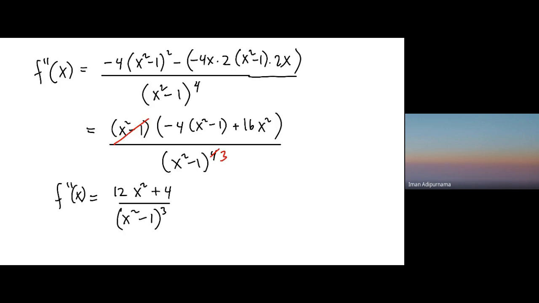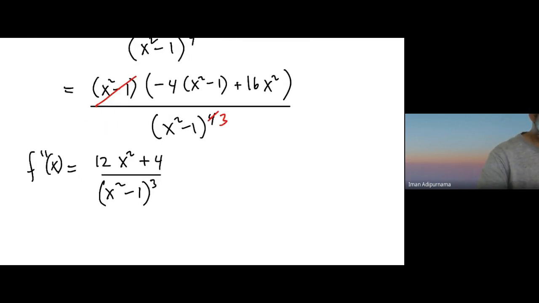So if you write here, an inflection point is where f double prime of x is 0. Can it be 0 from here? Can some value of x, if you input anything here, it's always squared, always positive.